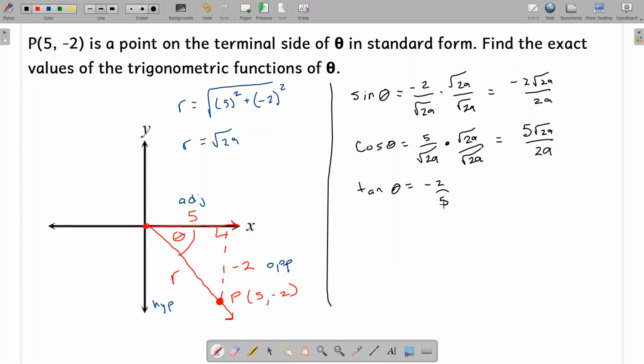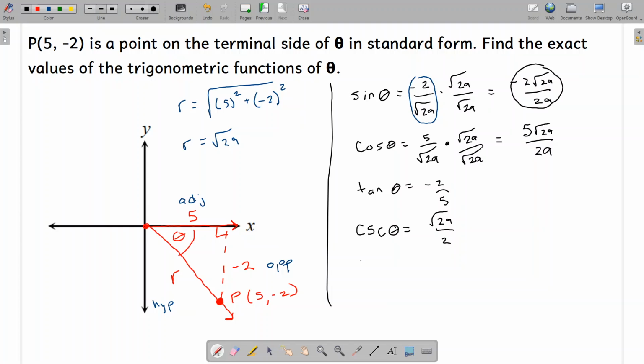And then we have all of our reciprocal functions. So cosecant. Cosecant is the reciprocal of sine. Now, I rationalized to get my sine answer here, but it might be better to go to this answer before we rationalize. And if we take the reciprocal of that, there's going to be no rationalizing and simplifying that we need to do. So that would just give me radical 29 over 2.